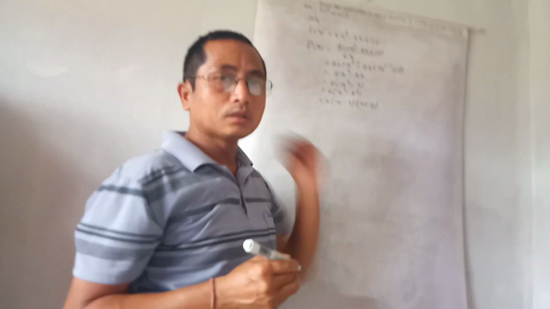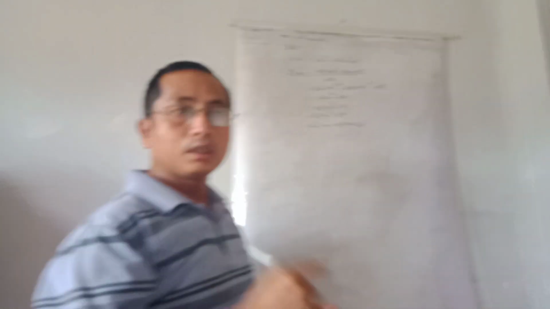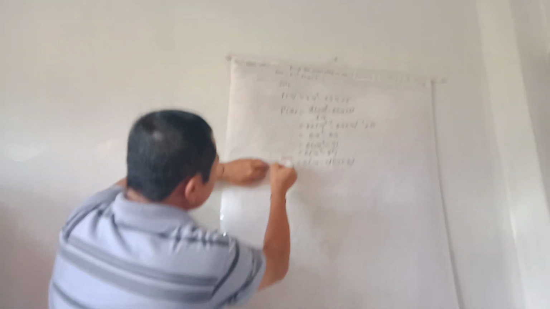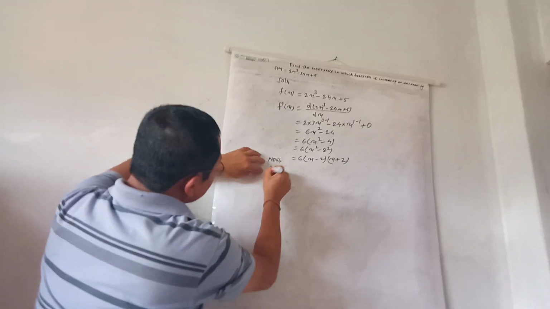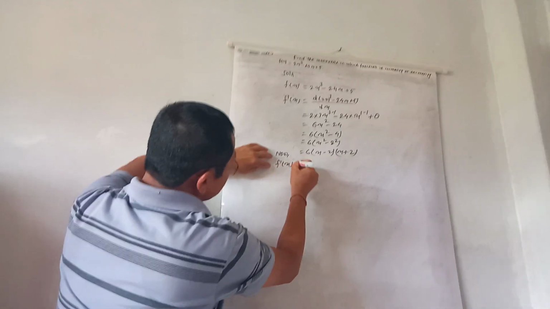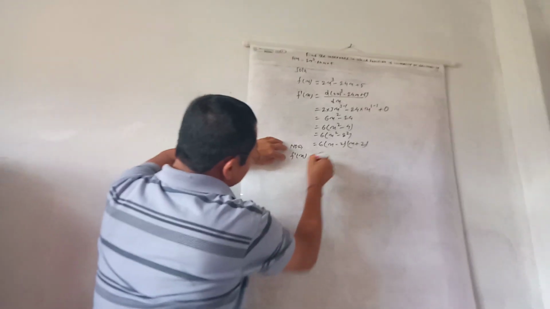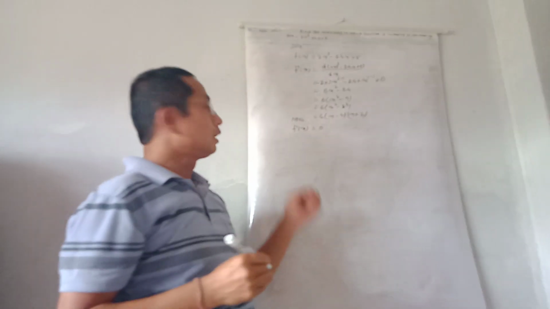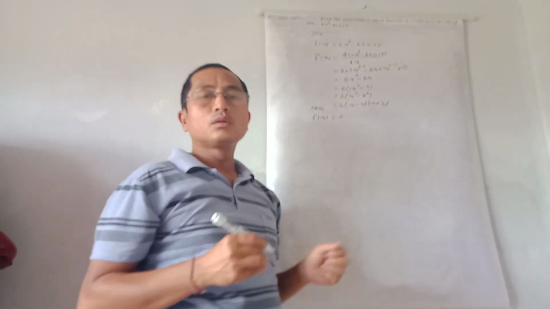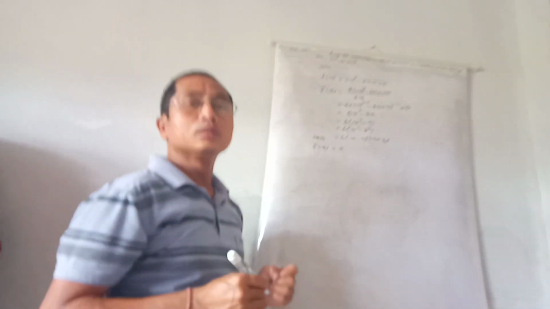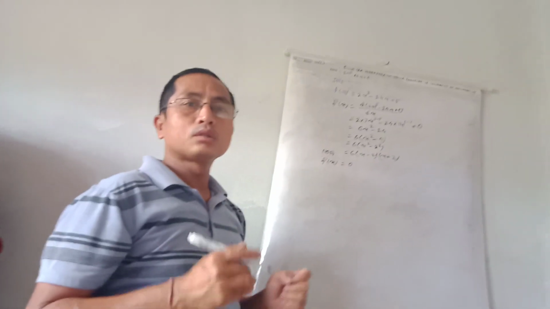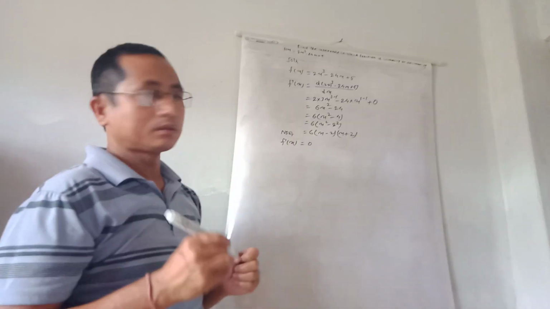This is the derivative. Now, to find the intervals, we have to set the derivative equal to 0. So f'(x) is equal to 0, in order to find the critical points.